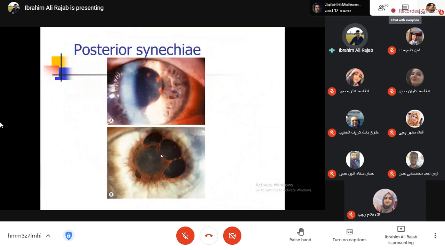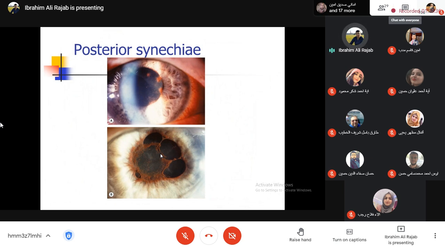Because the iris is inflamed by the uveitis, it will be sticky, so it will stick to the underlying lens. When it adheres to the anterior capsule of the lens, we call this posterior synechia. Synechia means adhesion of the iris.